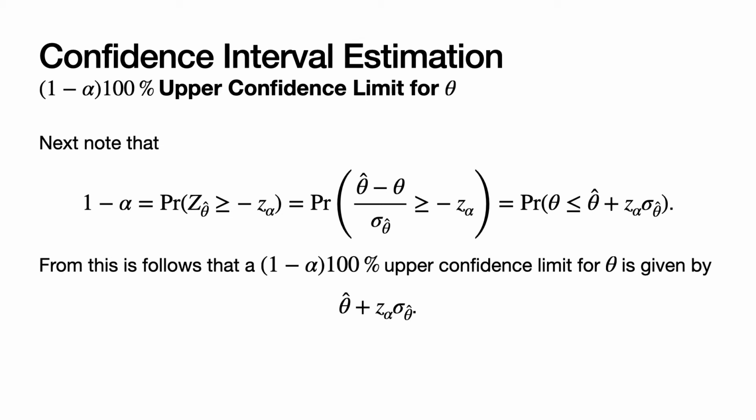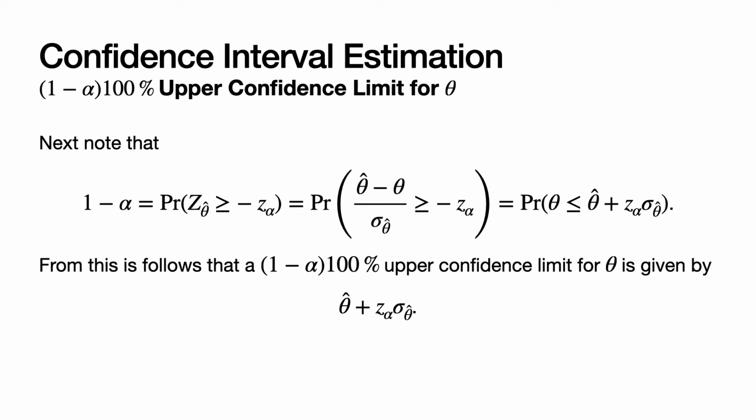So the probability that theta is less than or equal to theta hat plus z sub alpha times sigma sub theta hat is equal to 1 minus alpha. That implies that a 1 minus alpha times 100% upper confidence limit for theta is given by theta hat plus z sub alpha times sigma sub theta hat.